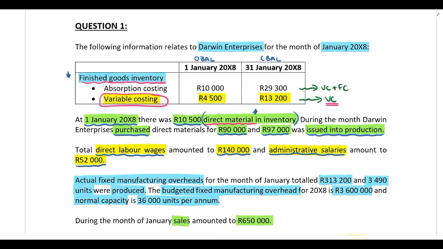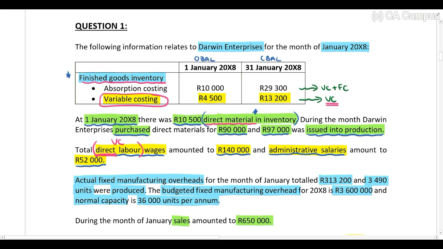So whenever we have any variable production costs, that must be allocated to the cost of inventory. And please remember from our lecture, direct labor is going to be classified as a variable cost because it is direct. Remember, if it's a direct cost, that means it can be traced to a specific product. So this is going to be a variable cost.